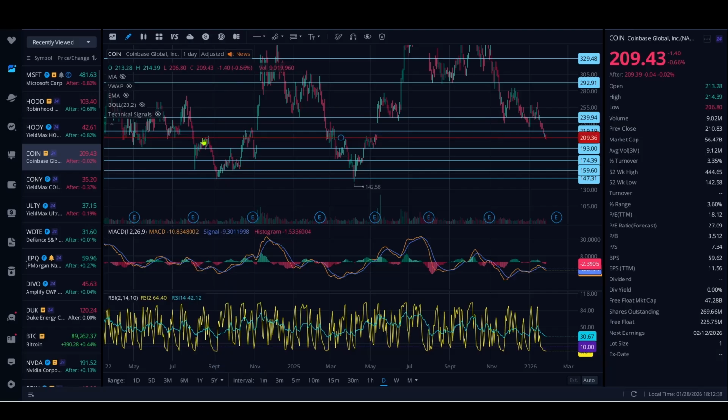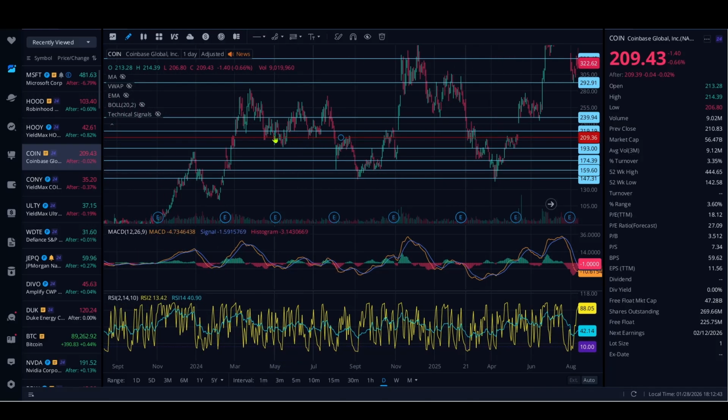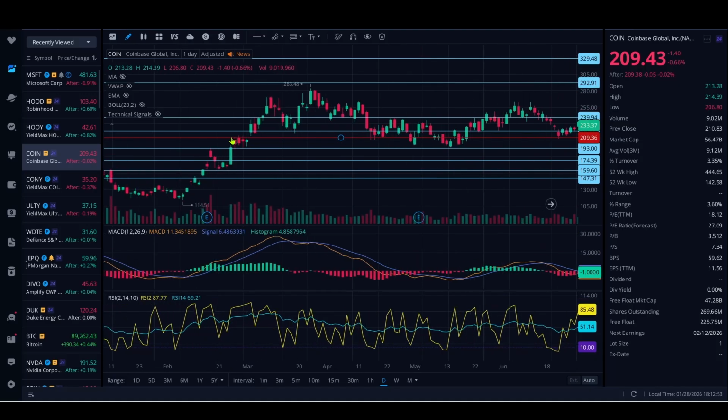Again resistance, again support, and we can pull back, and you had some more support over here in this area, and even a little bit of resistance at this point. So there are a lot of areas where it did hit this line. So I can see this line here on Coinbase being a pretty significant line.